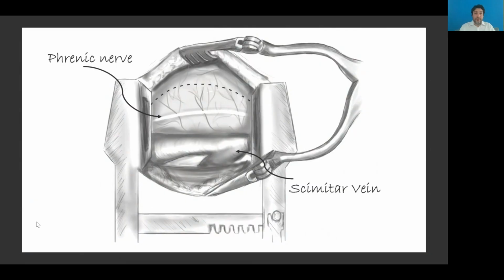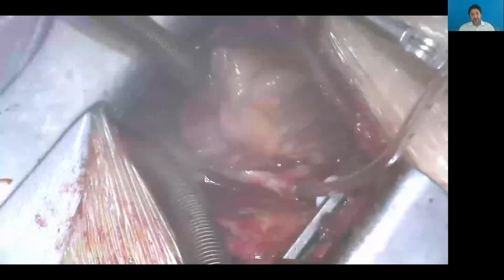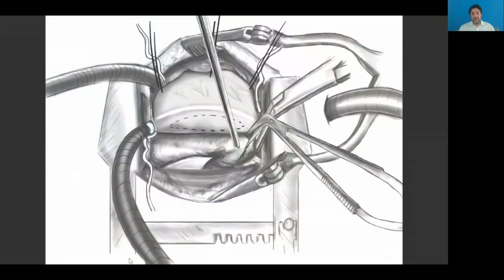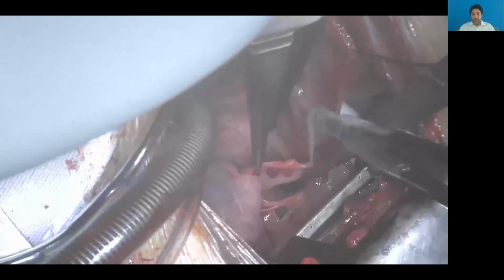As you can see here, the phrenic nerve can easily be seen, and you can dissect the scimitar vein and suture it to the pericardium. There you can see the phrenic nerve, the vein, the pericardium is opened, and then the window in the pericardium is created, and the vein is transected and sutured to the pericardial sac.